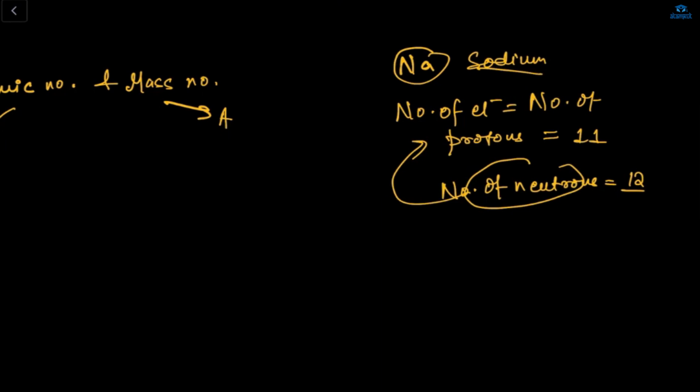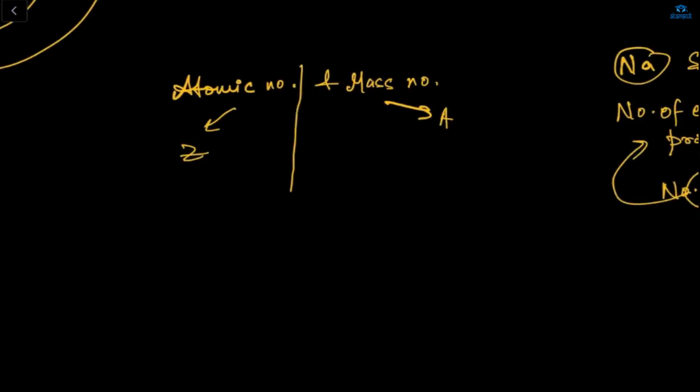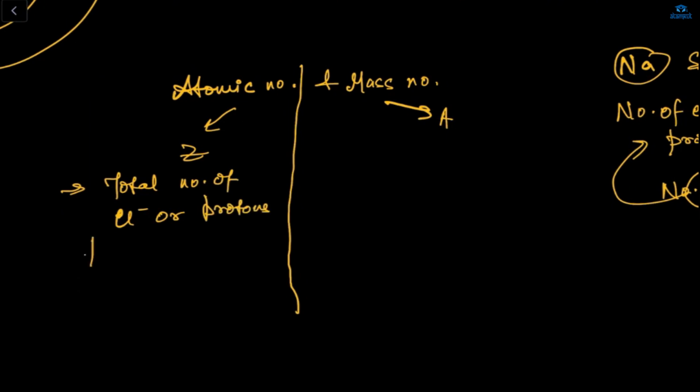Got it? Now, atomic number and mass number. Atomic number is the total number of electrons or protons, which are always equal to each other, present in an atom of a given element.